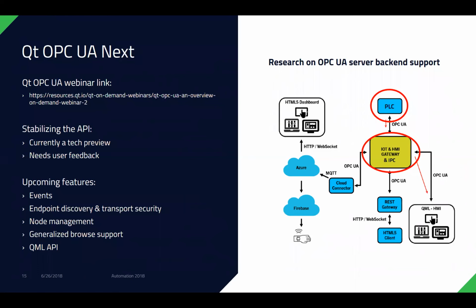Upcoming features are events, the QML API, node management, all these technical aspects. But we are also looking into a research topic: how we can be part of the use case scenario through server backend support, in order to allow Qt to run not only on the HMI, the visual part, but also on headless devices like the PLC, gateway or IPC.